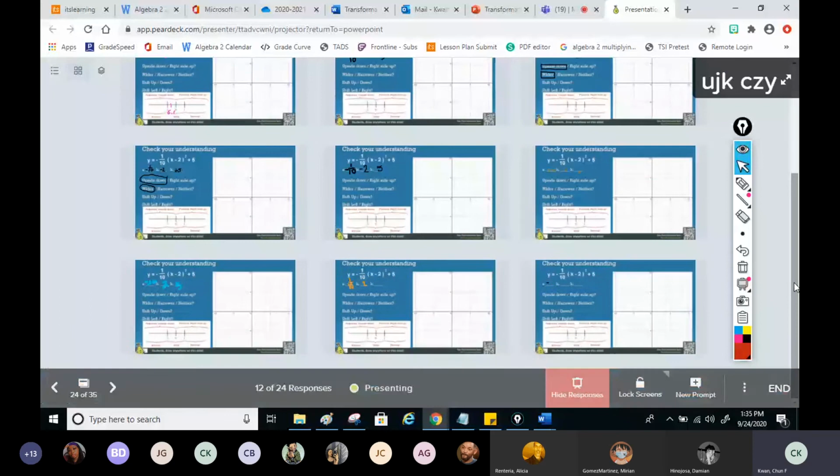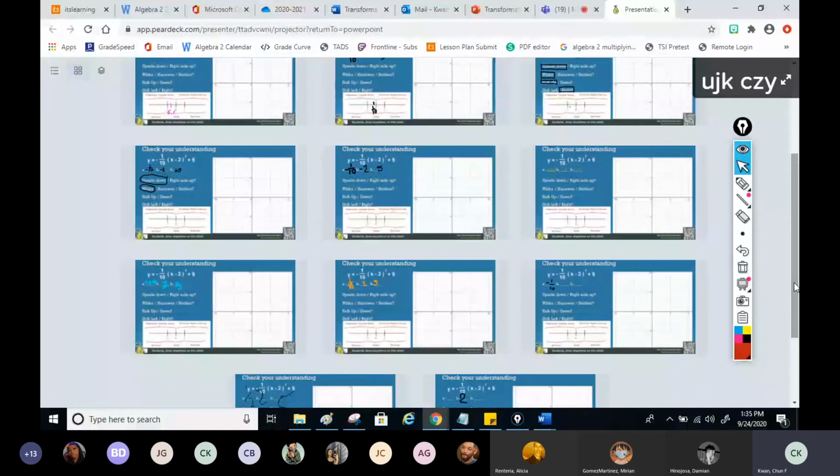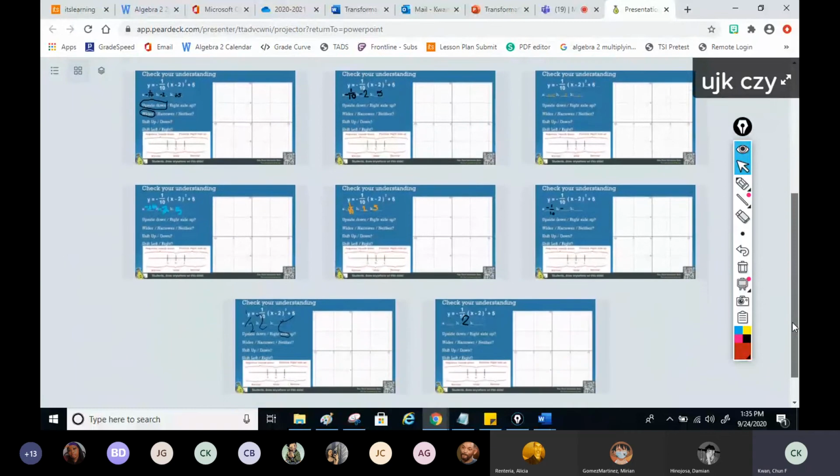All right, I see someone put 0.1. That's good. That's fine. Fraction or decimal doesn't matter as long as you understand what number that is.